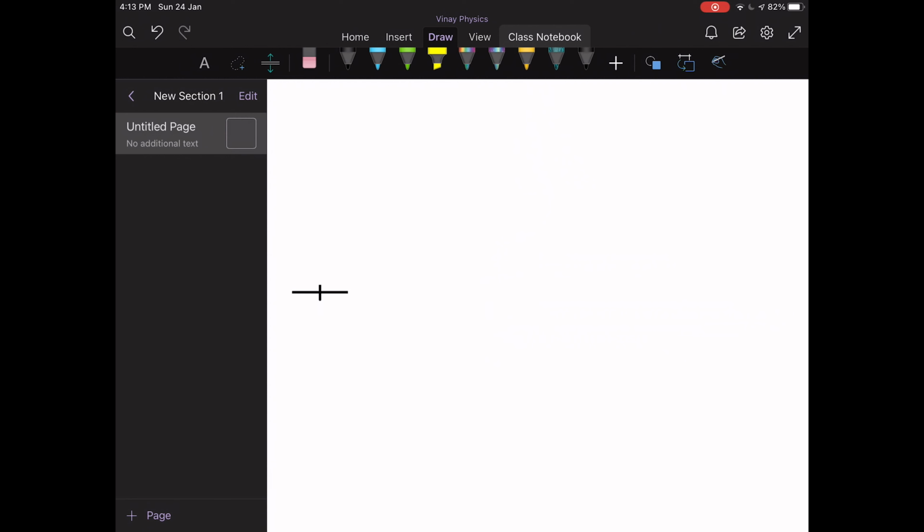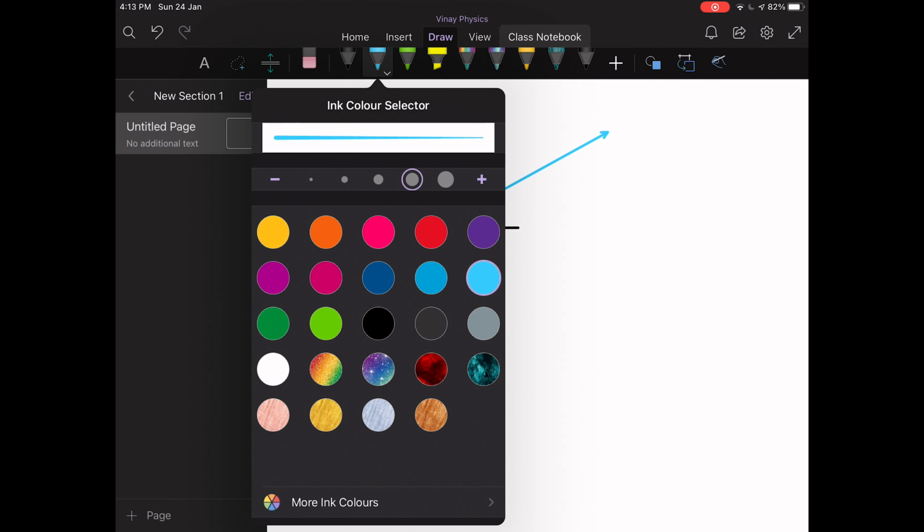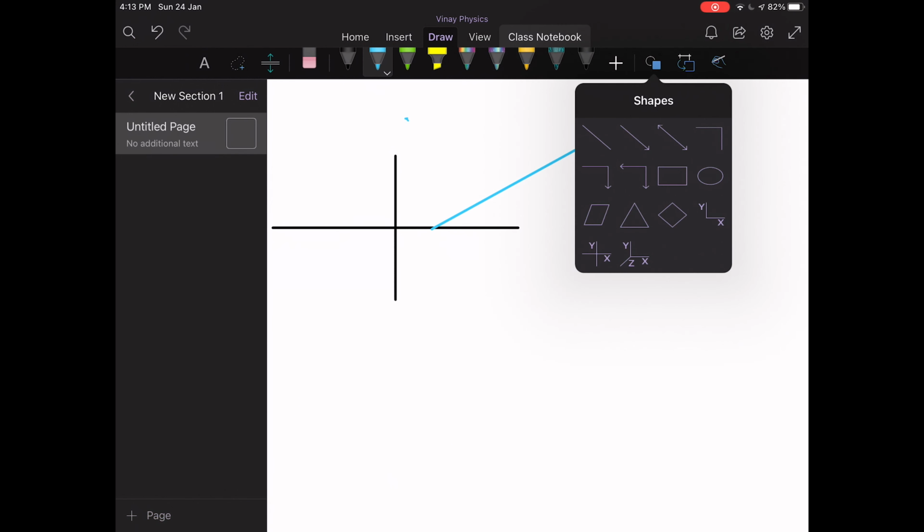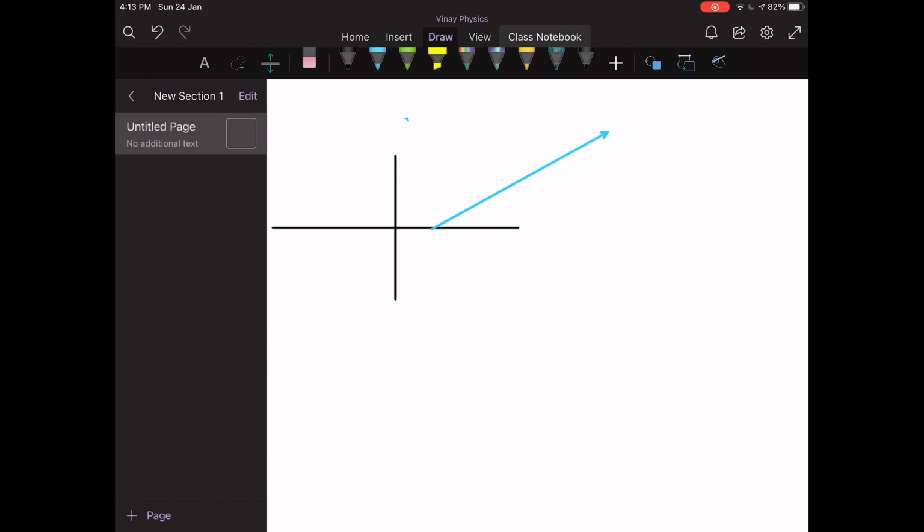Let's say these are our x and y axis, and let's say we have a vector which is this. Let's say this is our first vector, and let me draw the next one in slightly different ink. Now, we want to draw another vector.